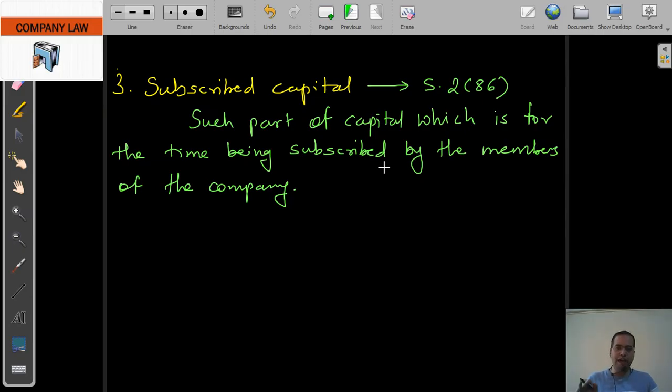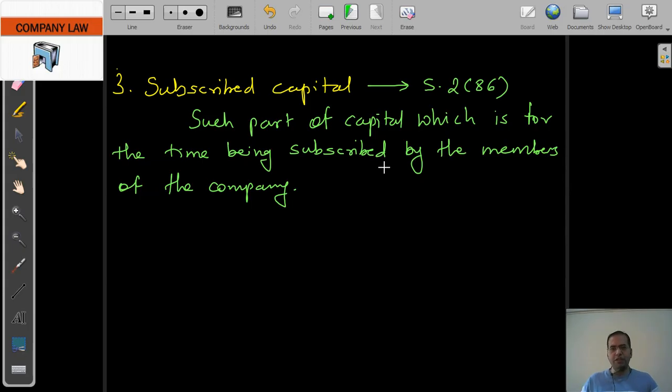So let's assume that the 2 lakh rupees of shares, meaning 20,000 shares, a company is issuing. The company may receive subscription for more than that, meaning more shareholders are ready to purchase the shares of the company. In that case my subscribed capital will be called oversubscribed.